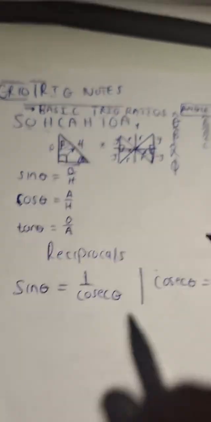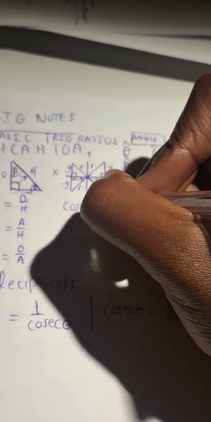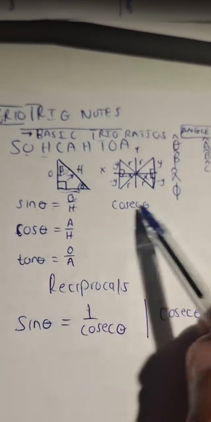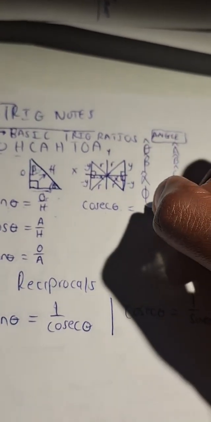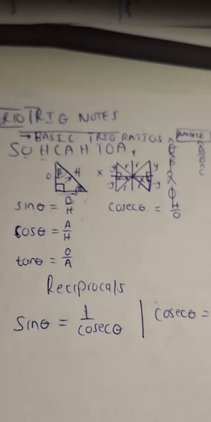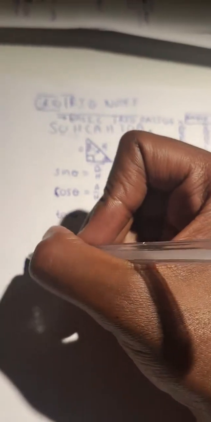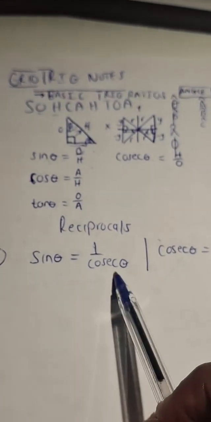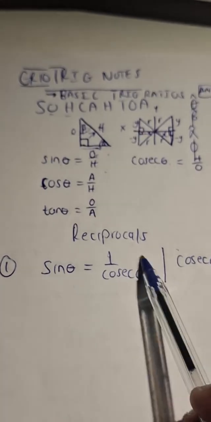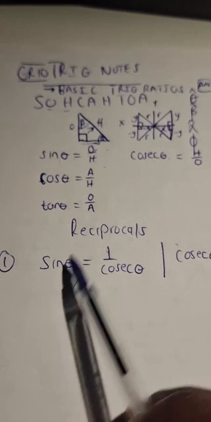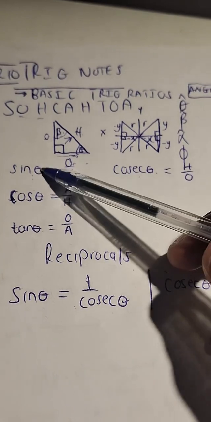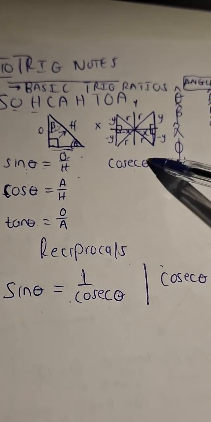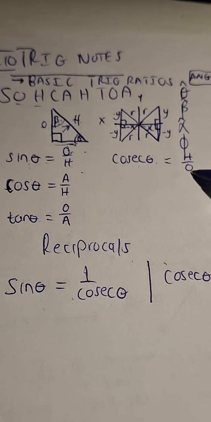Or if we are being specific about the angles and sides, cosec is the reciprocal of sine, so cosec theta is not opposite over hypotenuse, but it is hypotenuse over opposite. So this is the relationship between sine and cosec. Sine and cosec are reciprocal trig ratios. They are inverse trig ratios. Hence, you have sine theta being opposite over hypotenuse, whereas cosec is hypotenuse over opposite.